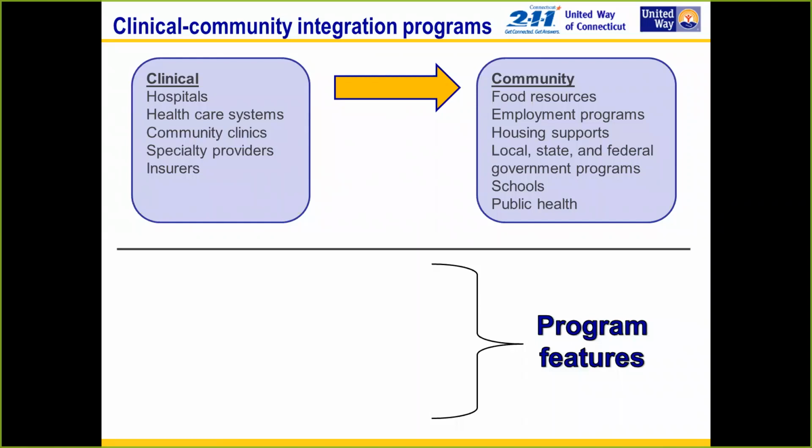And through that integration, providers are trying to do many things. They're trying to improve health outcomes, reduce costs, align resources and activities that improve whole person health, reduce health disparities, advance health equity, and more.